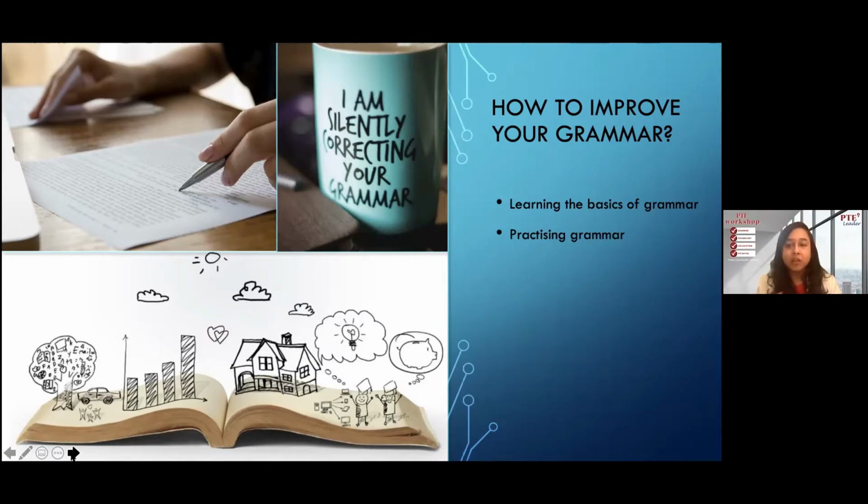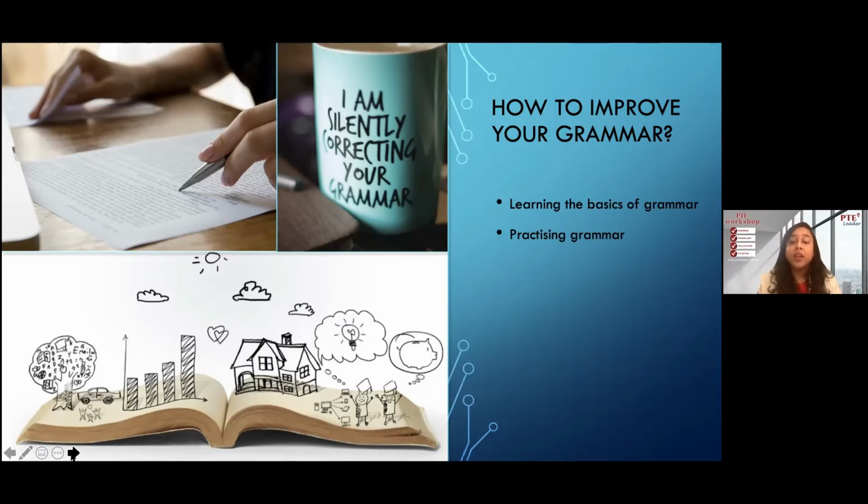So after we learn the basics of grammar, we need to practice it in our everyday life, when we are at school, when we are at our home, when we are at our work, job or workplace, when we are playing with our friends, when we want to share our ideas with our family members, relatives, or other people.